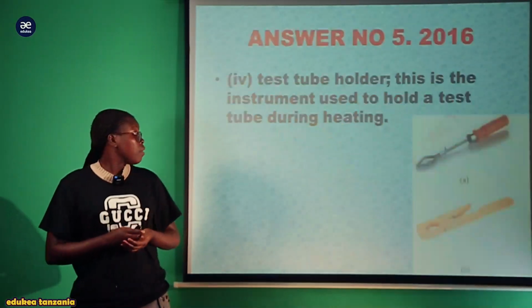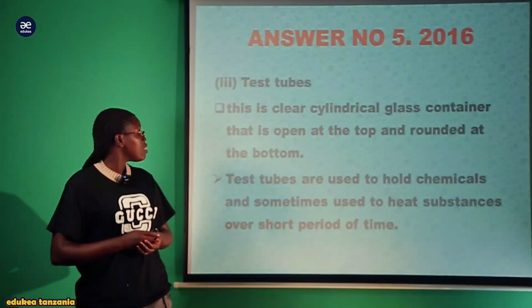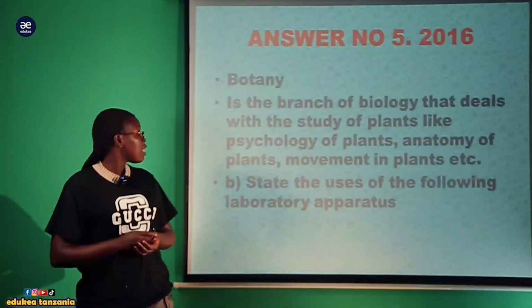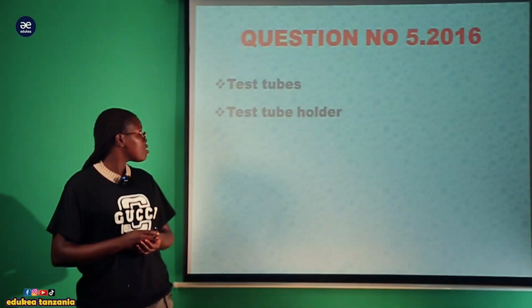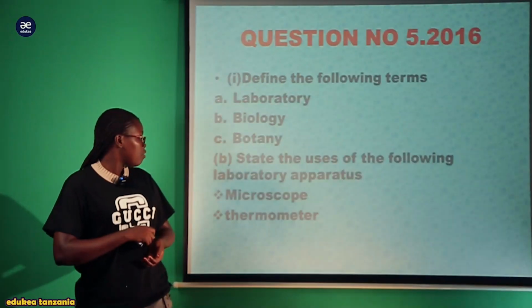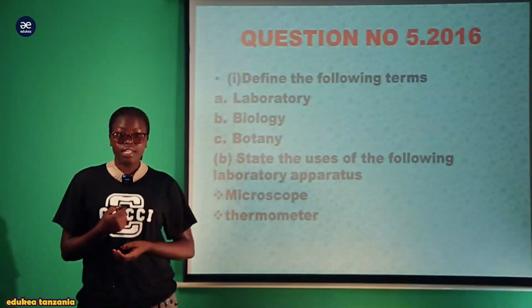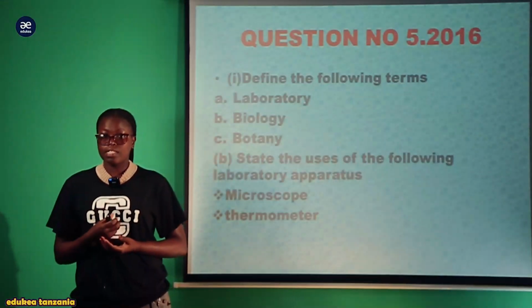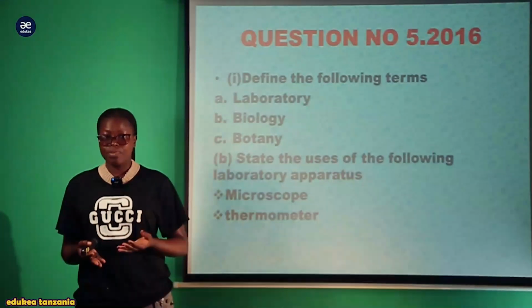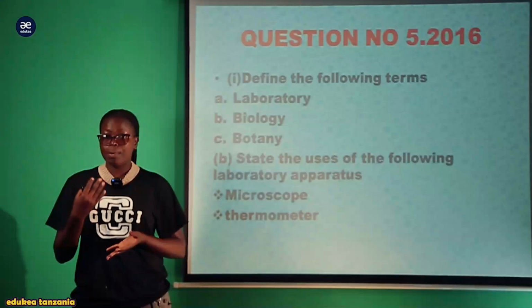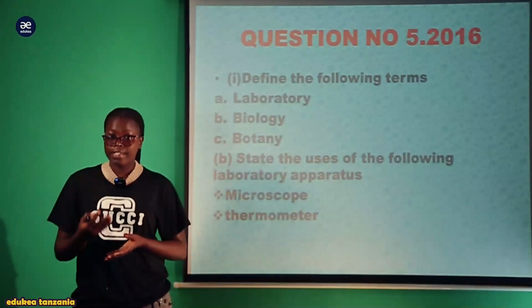So, my lovely Form 2 students, and there is another instrument here which I've forgotten to mention here. This is a thermometer. The thermometer, tunajua kazi ya thermometer ni katika kupima joto. Mainly tunatumia sana katika maabara, kwa mfano katika practicals which involve the heating.